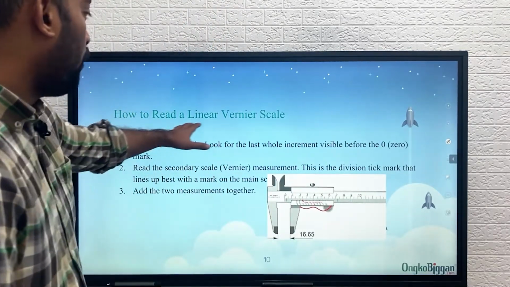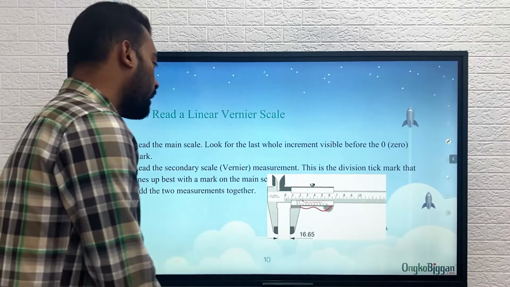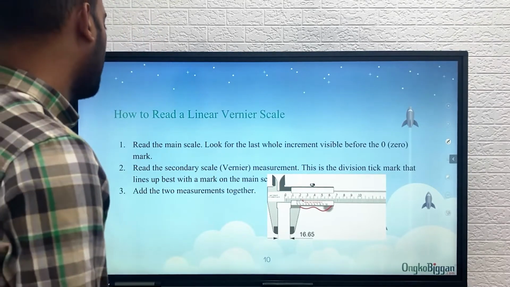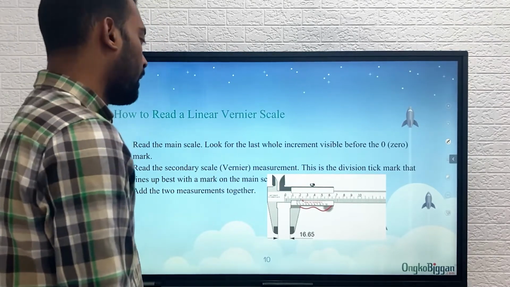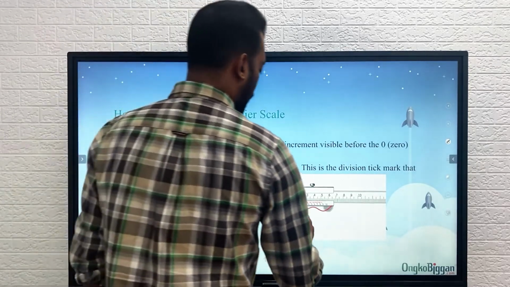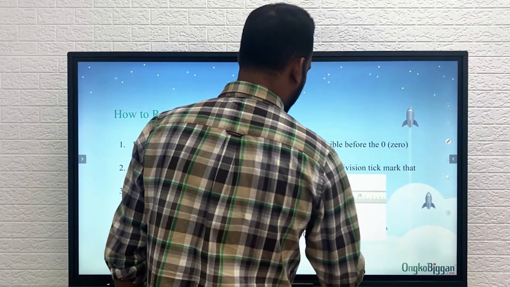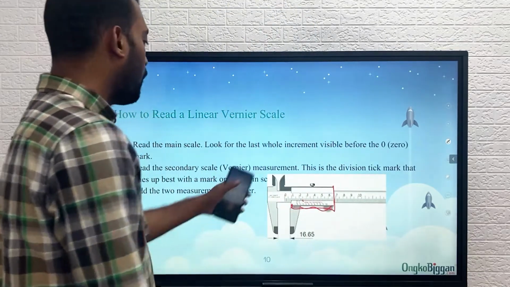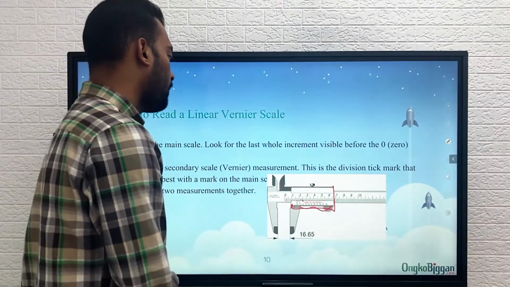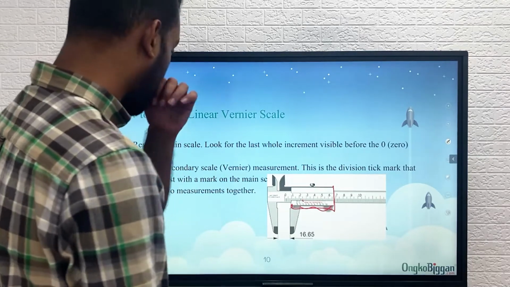So, how to read the linear Vernier scale? First of all, read the main scale, from this portion to this portion of the Vernier scale, what is the reading on the main scale. So look for the last whole increment visible before the 0 mark.